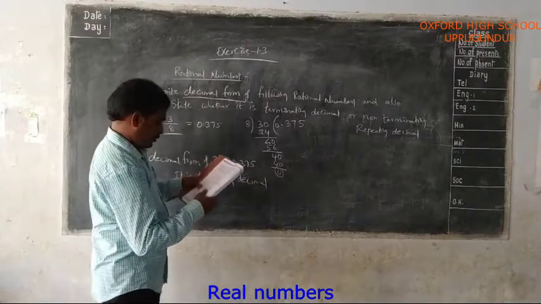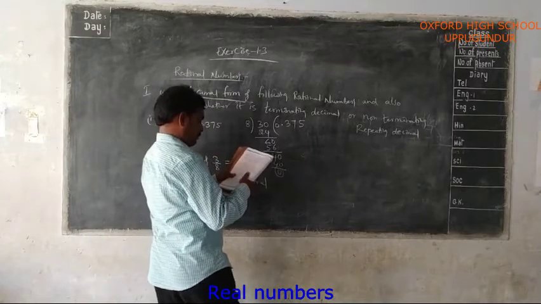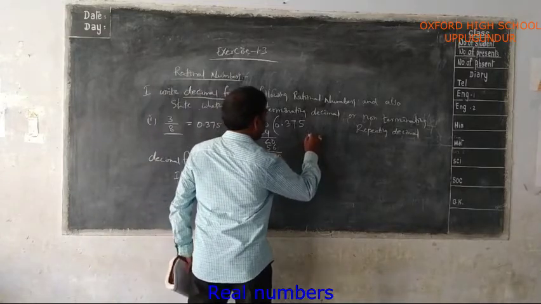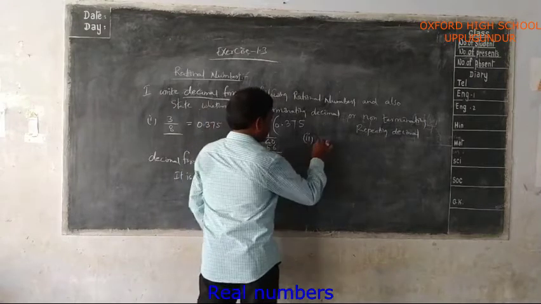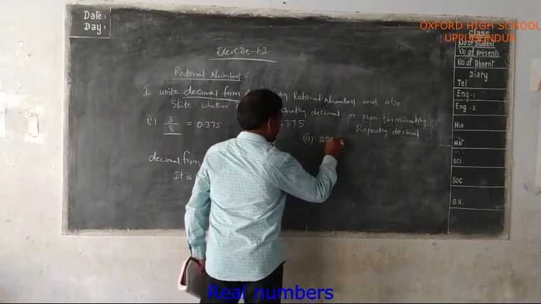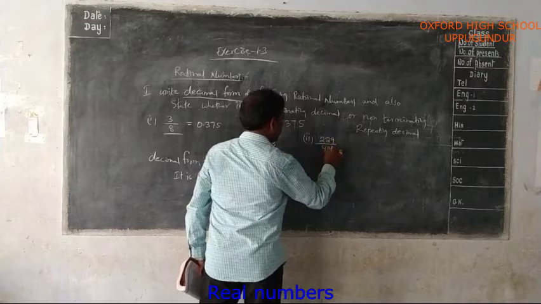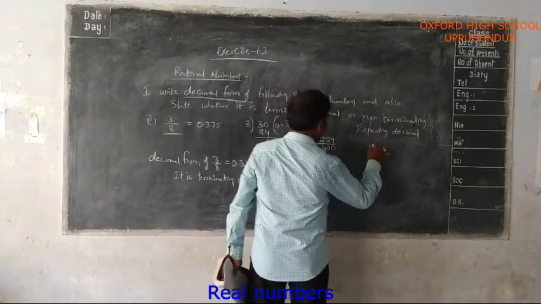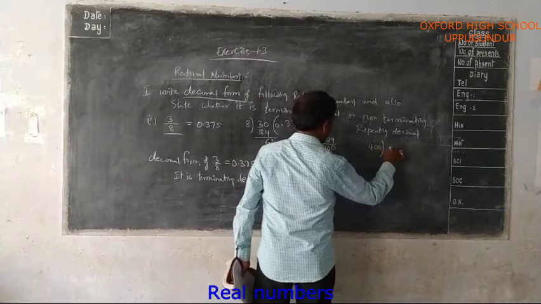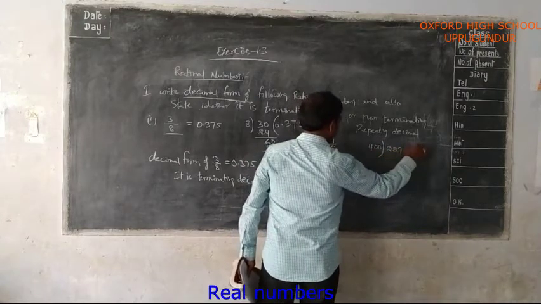Next, second one, 229 divided by 400. By actual division you have to do. With 400 you have to divide 229, not divisible.